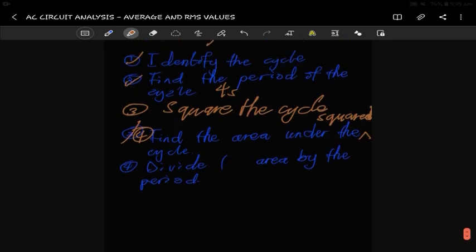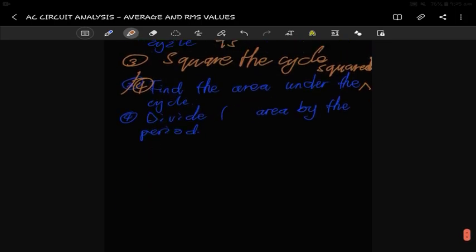So when we add up the areas, the total area under the cycle, not just under the cycle, under the squared cycle, right? Squared is very important for the RMS.